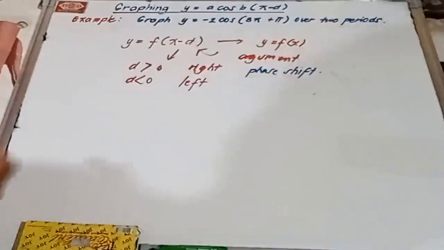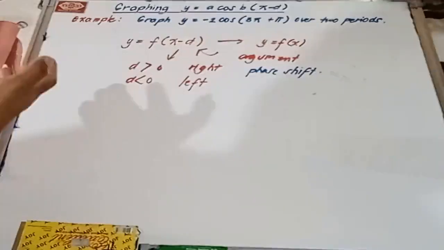Phase shift siya. Now, natutunan nyo rin doon yung meaning of the vertical translation, but right after this video, I'm going to show you again or review about the vertical translation.